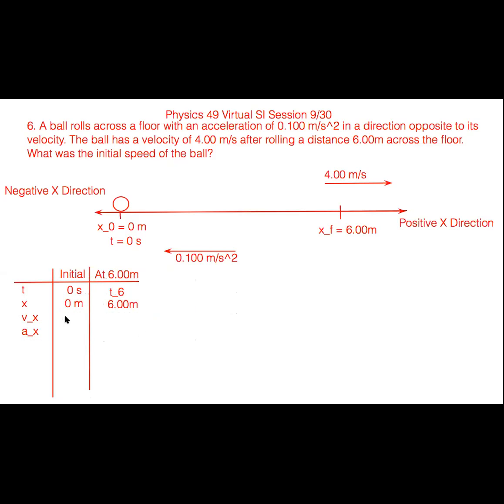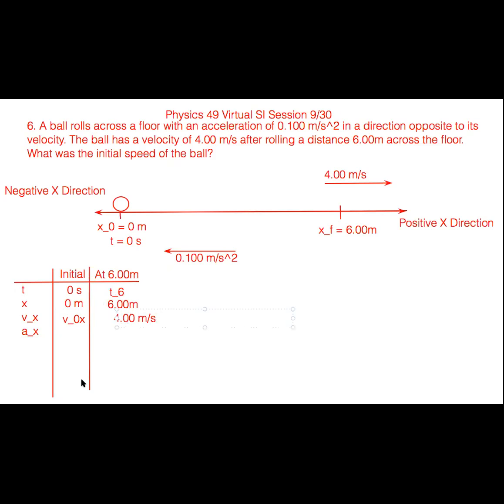We need to calculate it, so it will be an unknown. All right, so v underscore initial x. Okay. Do we know the velocity at 6 meters? From our understanding of the problem, and what we drew on the graph, the velocity at 6 meters will be 4 meters per second. Exactly. And this is all just according to our picture.